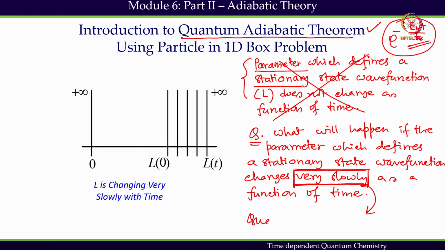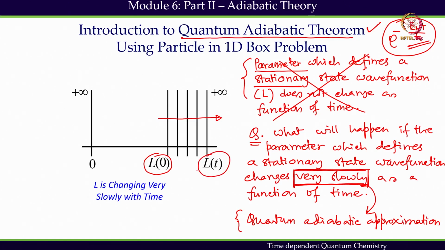This is called the quantum adiabatic approximation. Under this approximation, if we connect it to our example, we'll say that at time t equals 0, the initial time, the length was L0, and it is slowly changing, expanding the box, and at the final time t.